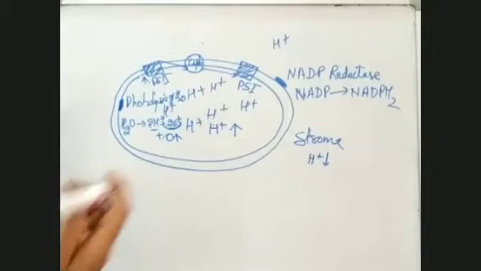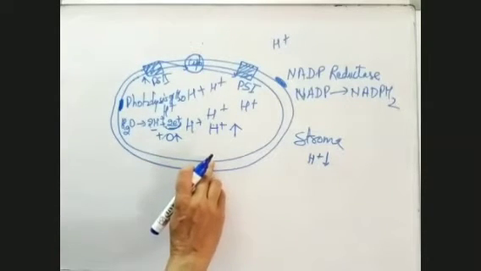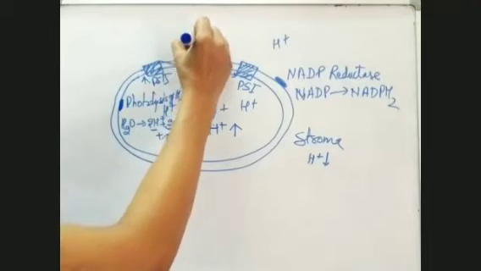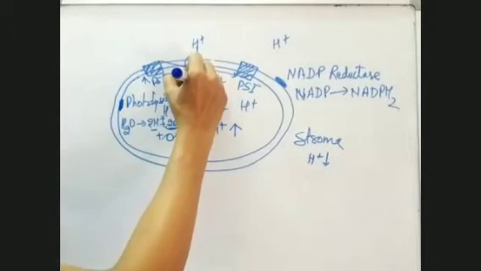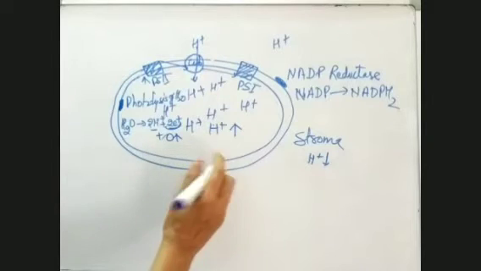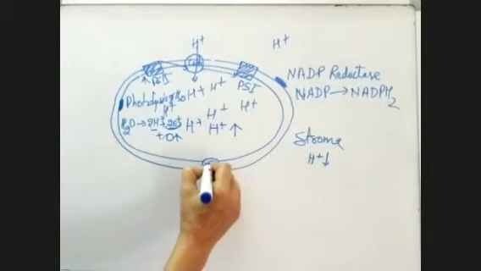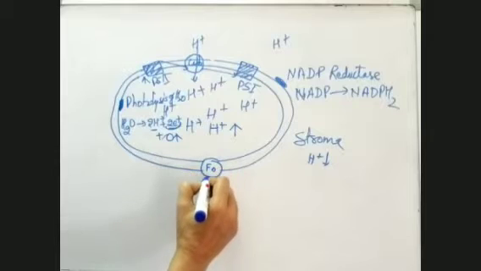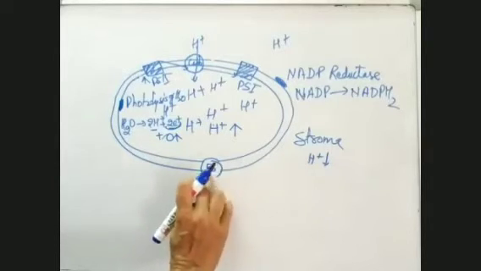Then I told you that there is ATP synthesis, and how that ATP is synthesized, that I'm going to tell you. I told you that it has two particles, the F0 segment and the F1 segment, F0 and F1.